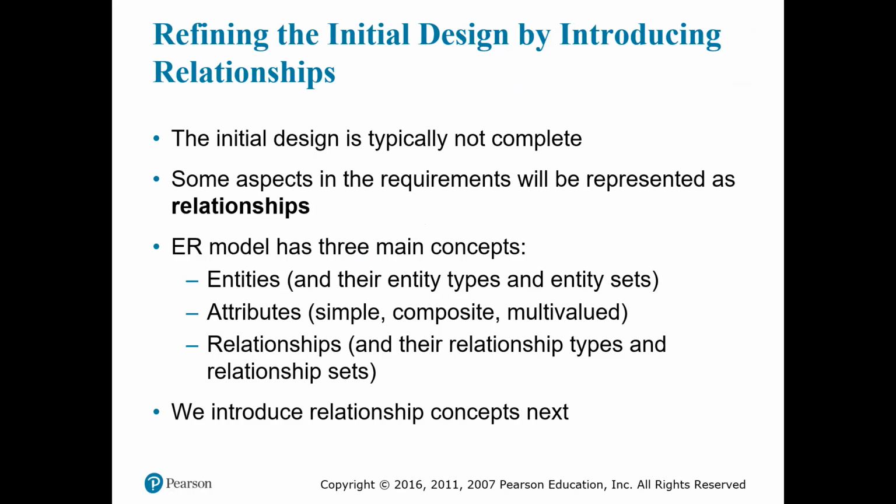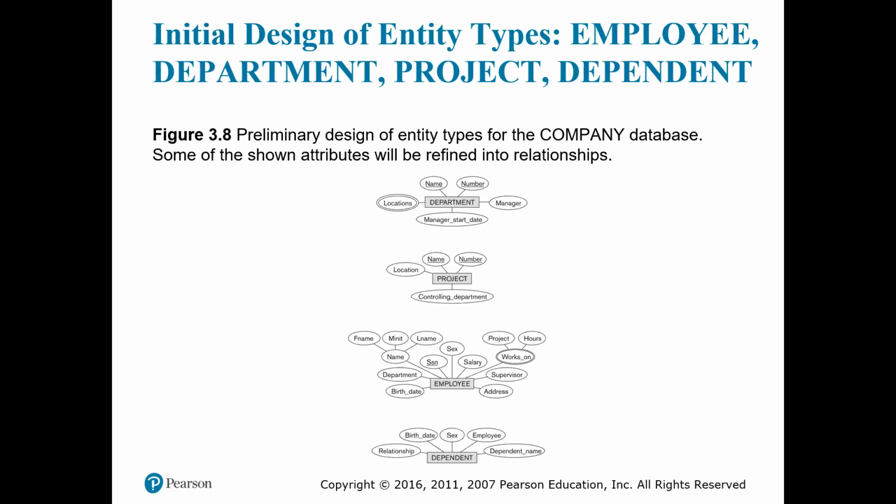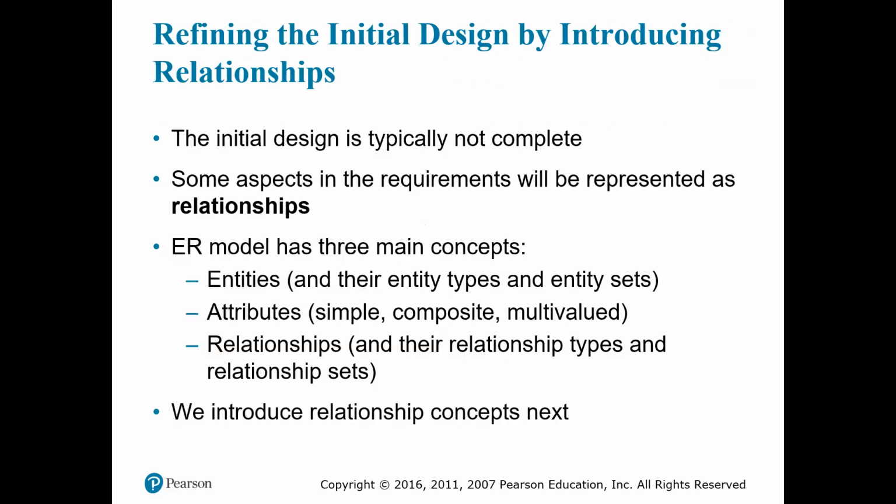It's not complete because we have not represented the relationships. So we don't know how employees and projects are related. We don't know how departments and projects are related. I mean, we do in the requirements, but we don't in the model. So we'll bring that in with this next one.